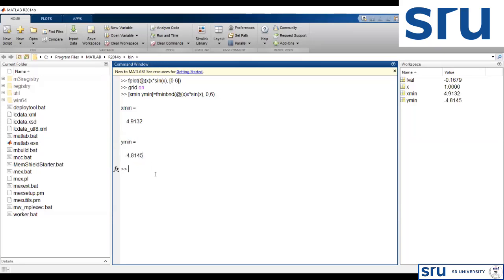Clear? Similarly for the maximum value, because in that problem I have written find the maximum and minimum value of a function.